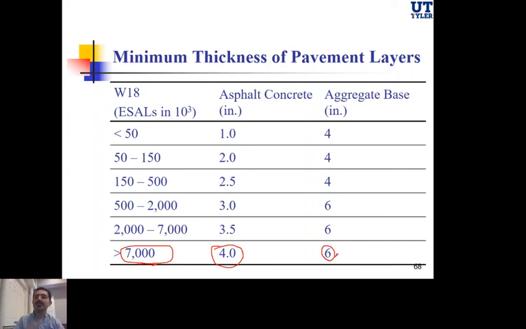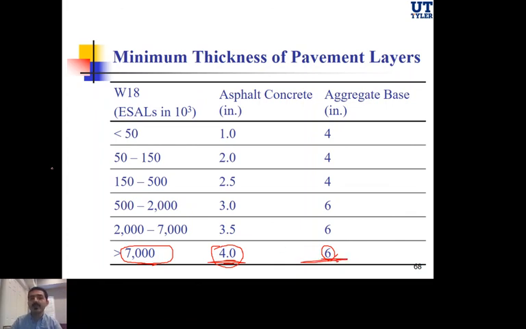So if your analysis says the required thickness is 7 and you want to reduce it, you can't reduce it lower than 4. Or if you end up with a required thickness of 3.5 inches or 3 inches, you have to pump it up to the minimum thickness of 4 inches for the hot mix asphalt and 6 inches for the aggregate base.